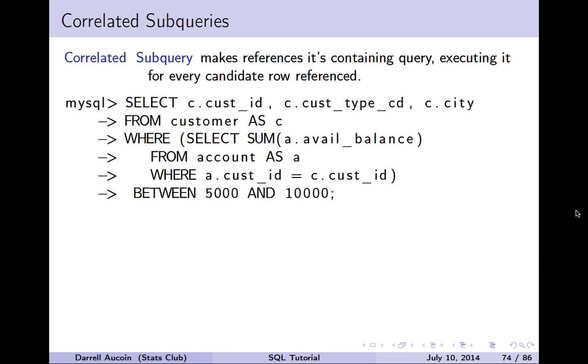You can see that it uses C dot, which refers to the outside query, and A dot, which refers to account, which is inside the subquery, and that's executed for every row. Then it checks whether it's between these values.